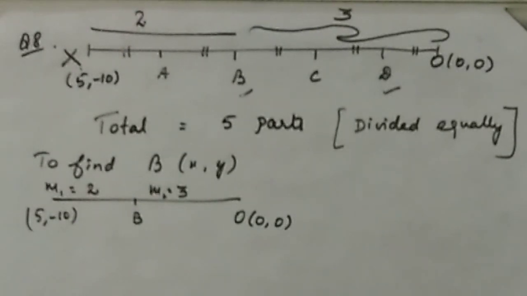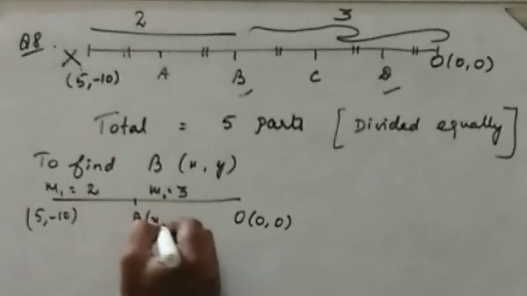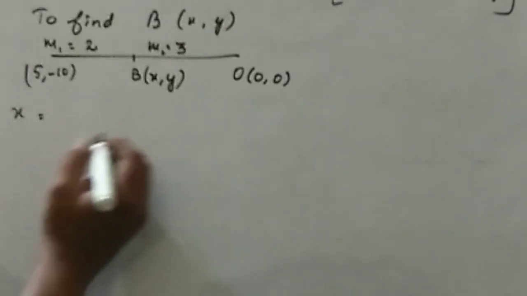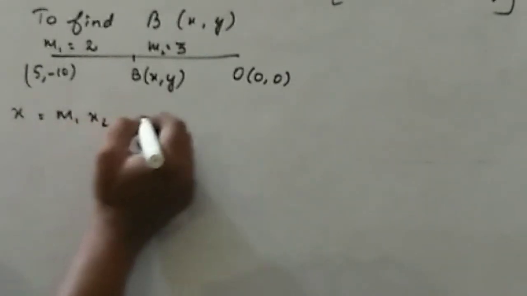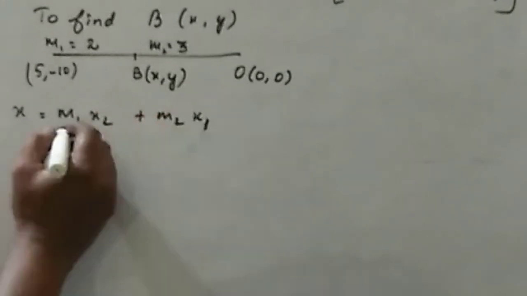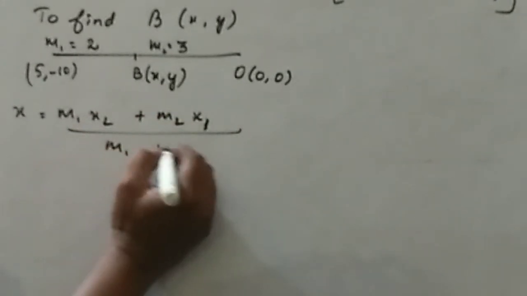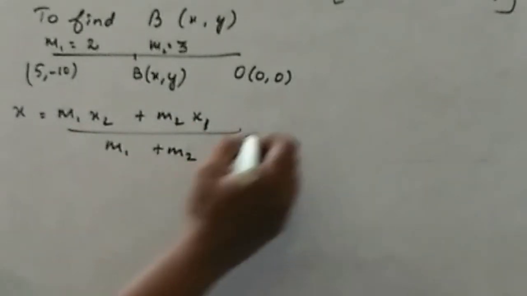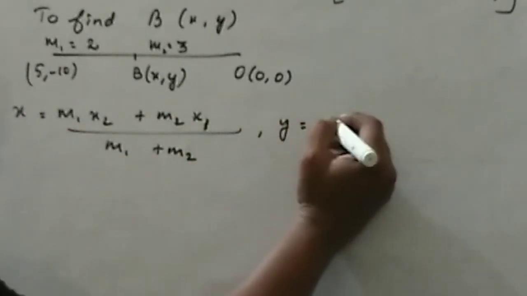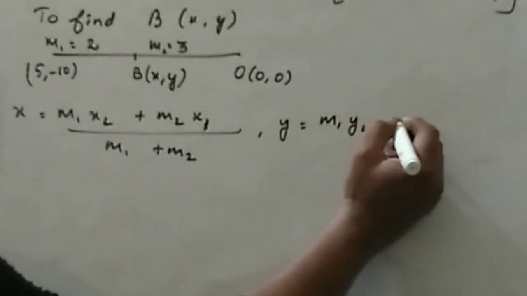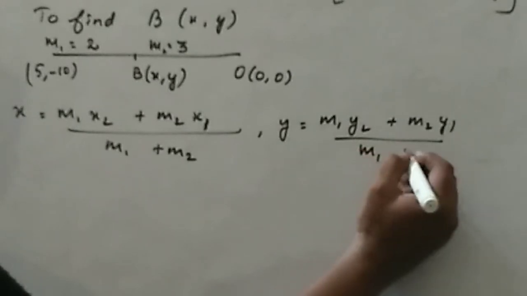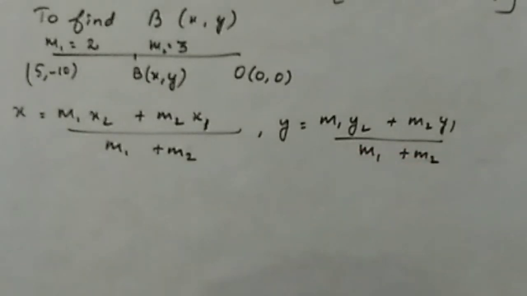B we take as (X, Y). Now write X is equal to (M1 X2 plus M2 X1) upon (M1 plus M2), and Y is equal to (M1 Y2 plus M2 Y1) upon (M1 plus M2).